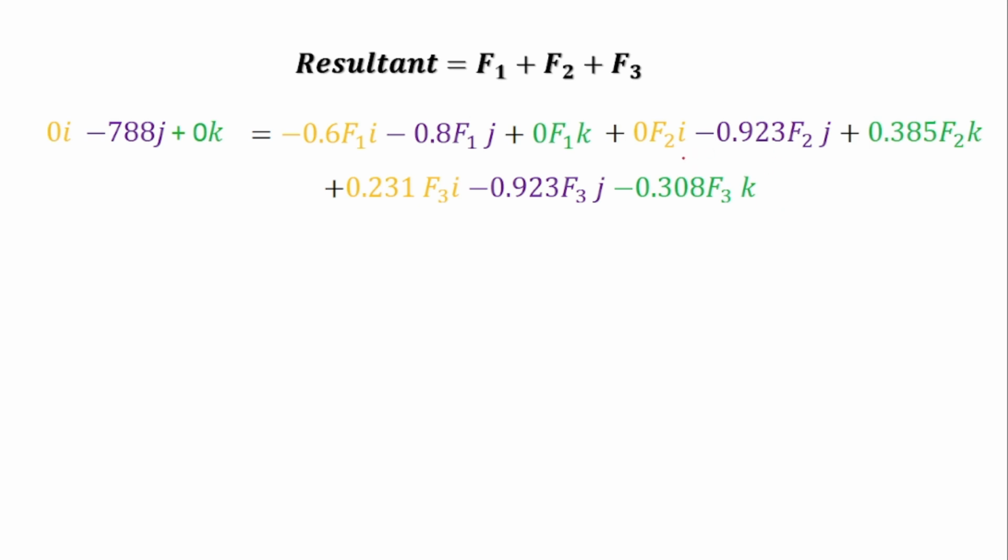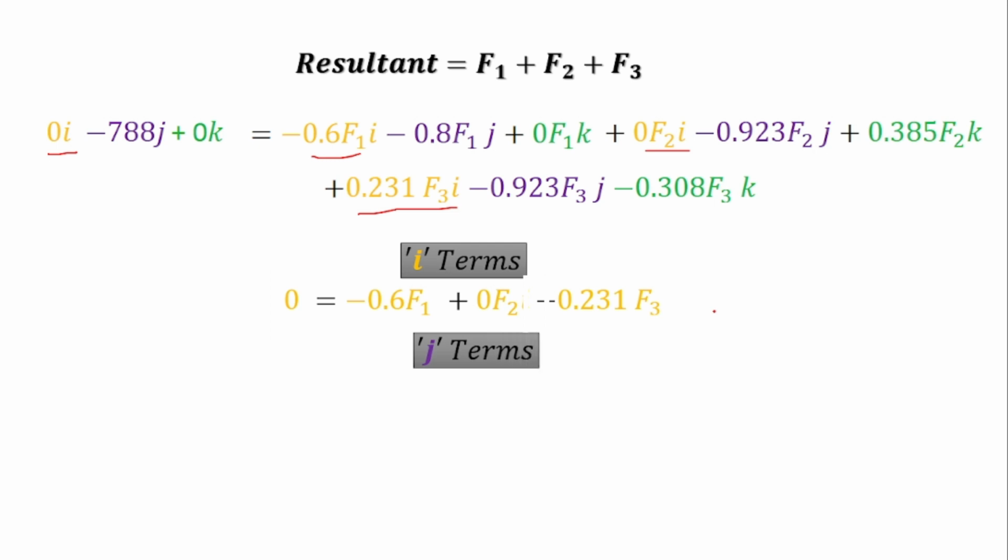Now to solve this equation, we can compare the terms, meaning the yellow color terms can be collected together. For example, here the coefficient of i in the resultant is 0. So 0 is equal to, the next item, minus 0.6 F1, the next term is 0 F2, and the next term is 0.231 F3.